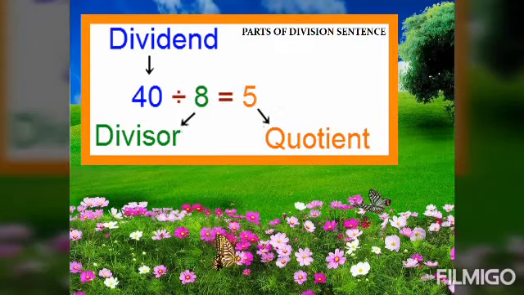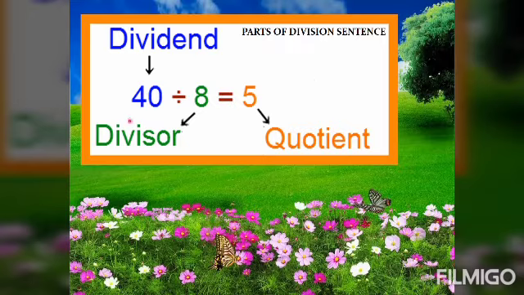Okay, guys, this slide shows the parts of a division sentence. I have here an example of a division sentence, which is 40 divided by 8 equals 5. In this part, I'll be teaching you the three parts of division. We have the dividend, the divisor, and the quotient.